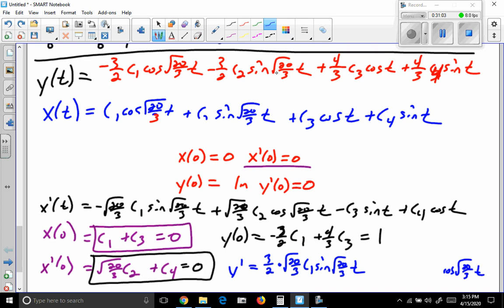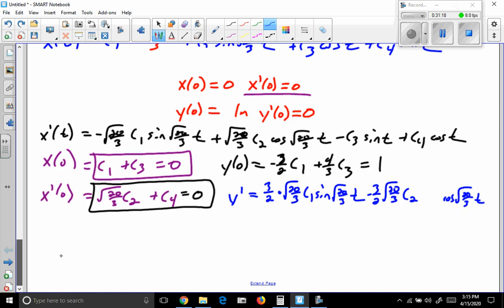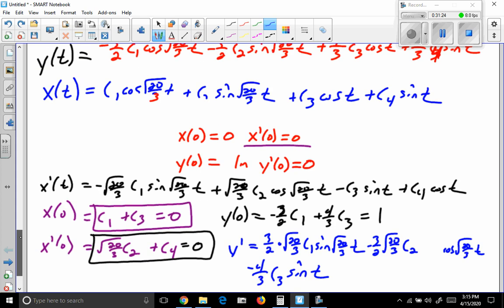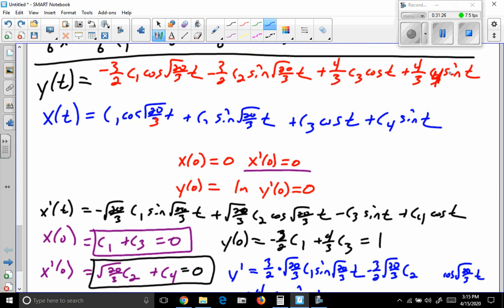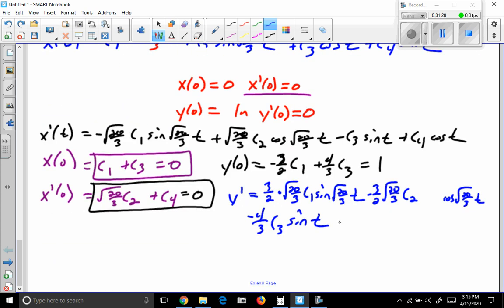The derivative of the inside is root 20 over 3, so we're going to have a minus 3 halves times root 20 over 3 times C2. When we take the derivative of this, the derivative of cosine is minus sine, so minus 4/3 C3 sine. The derivative of sine is cosine, so plus 4/3 C4 cosine.